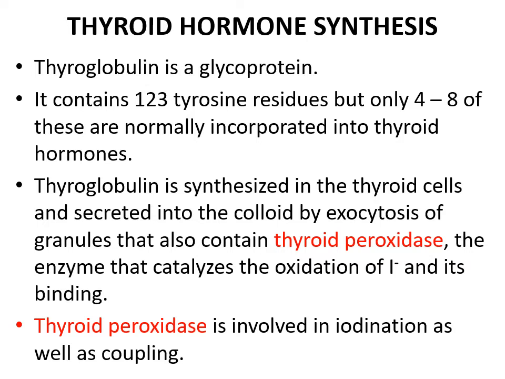Thyroid peroxidase is involved both in iodination of tyrosine as well as coupling of iodotyrosines. So the binding of iodine with the tyrosine residue in the thyroglobulin molecule is called organification of the thyroglobulin.